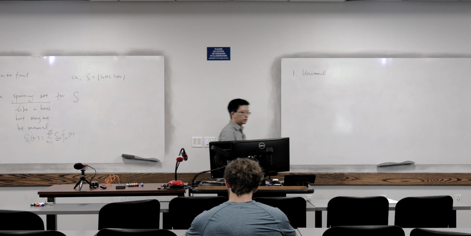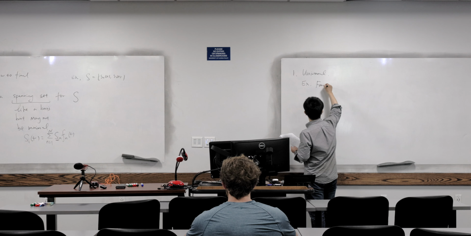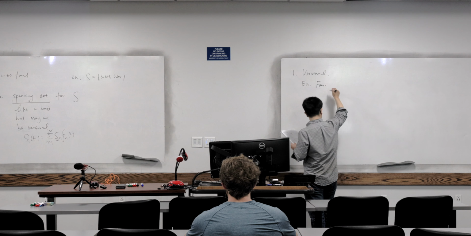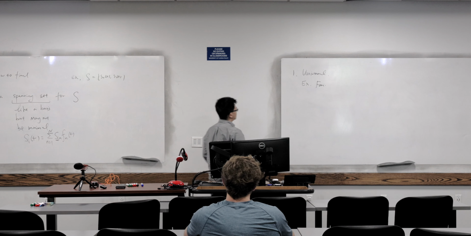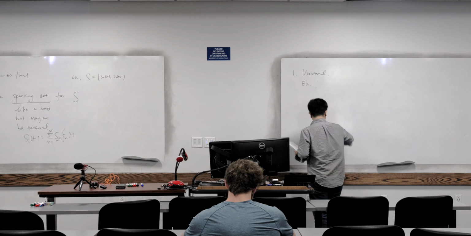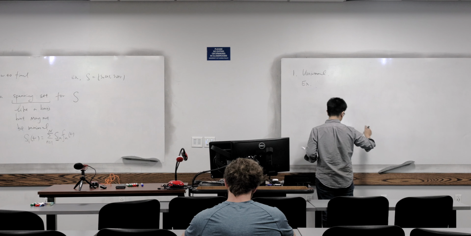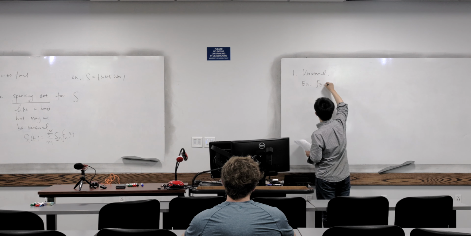So it basically means that it does not depend on Si of t, right? For example, we can use our Fourier series basis for this, or our Fourier transform basis for this.